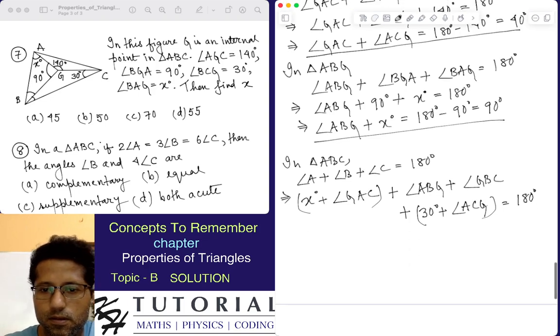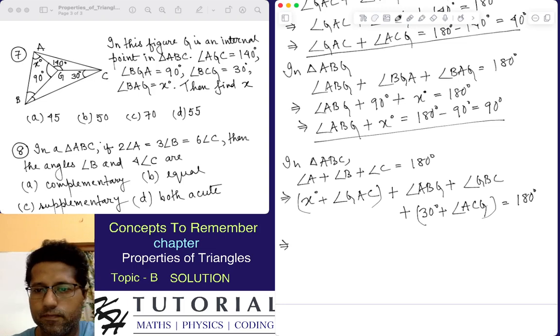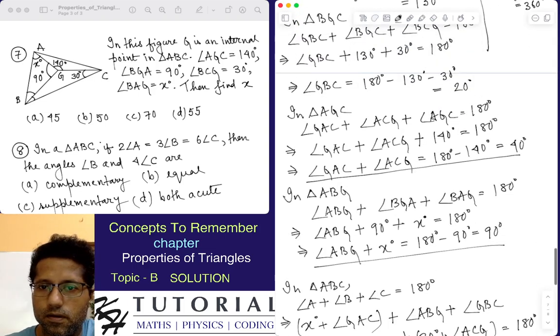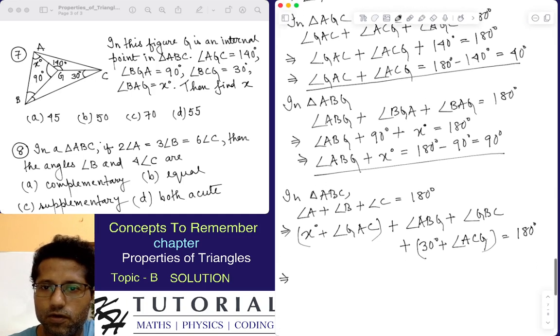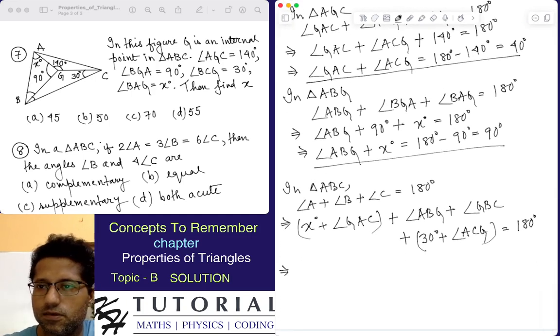Okay. Now this implies we know what is angle GAC. So if this equation be 1 and this equation be 2, we know angle GAC plus ACG.